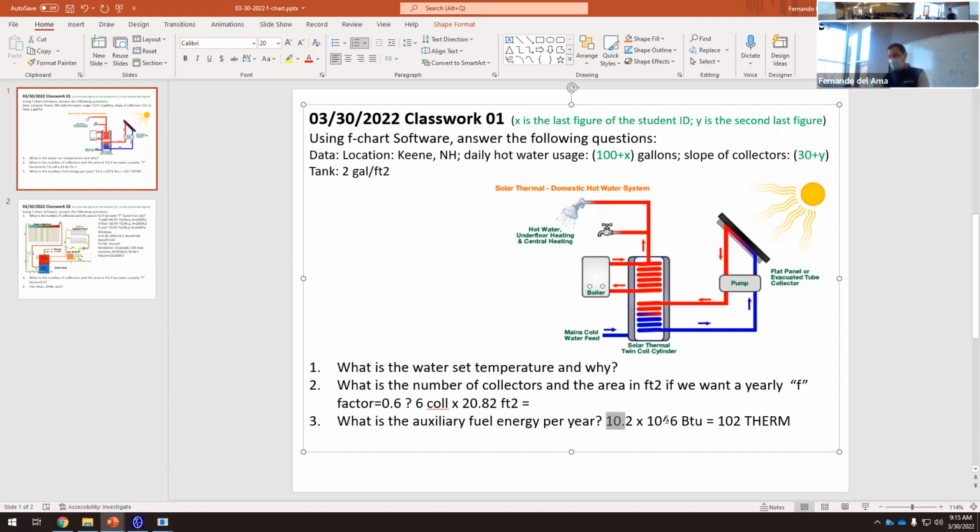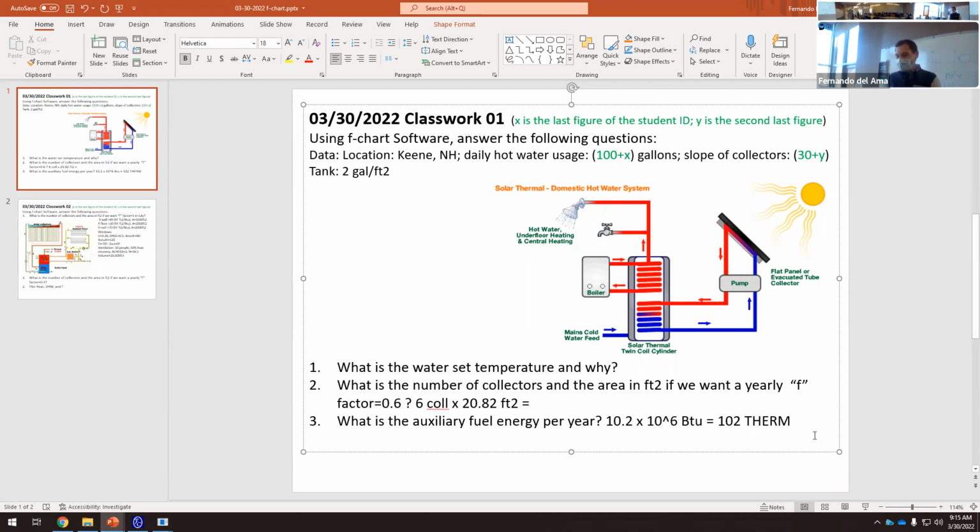If you tell your client that you need 10 million BTUs, the client will be scared. But if you know it's only 100 therm, oh, 100 therm sounds good. It's the same thing, but having this million number, it will be something scary.